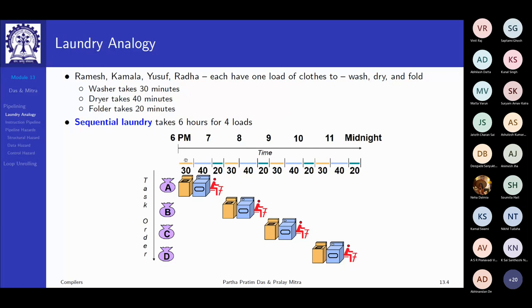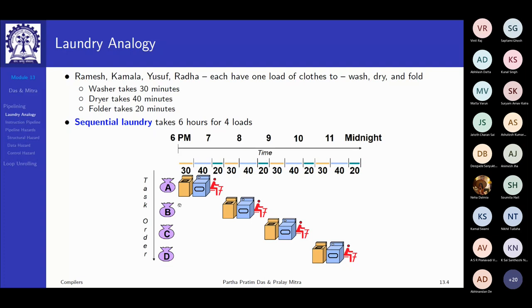If they do these tasks sequentially, every washing, drying, folding process needs 30 plus 40, 70 plus 20, 90 minutes. That is 1.5 hours. So for 4 loads, we will need 90 times 4. That is 6 hours of total time.